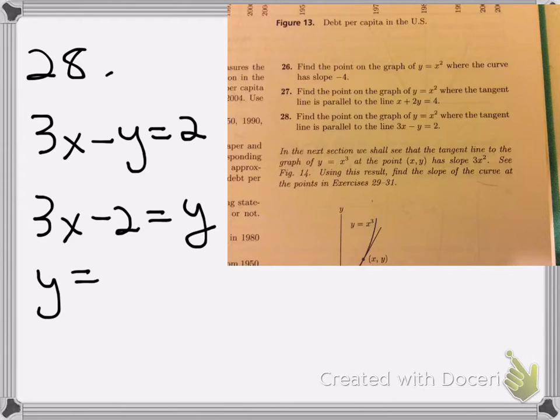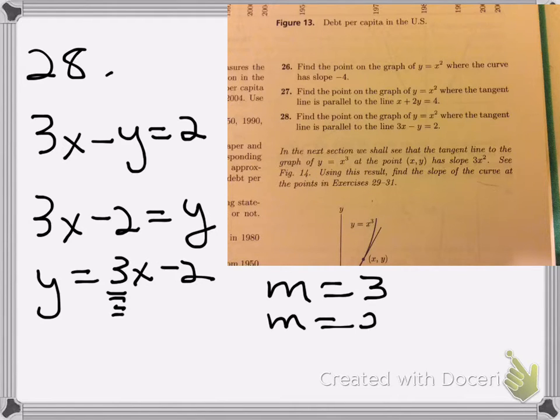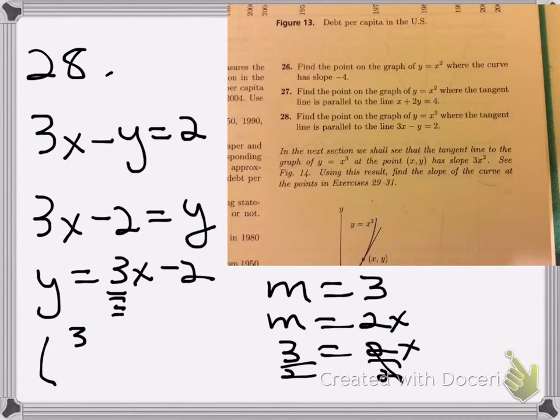I'm going to write this in the order you usually see it, and I see my slope is 3. If my slope is 3, and my slope has to equal 2x, then if 3 equals 2x, x must be 3/2. If x is 3/2, then y is 9/4, and that's my point.